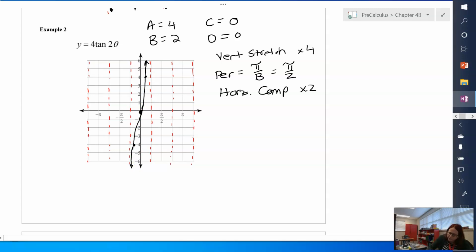And it's going to repeat. And it repeats. Also repeats over here on the negative side.